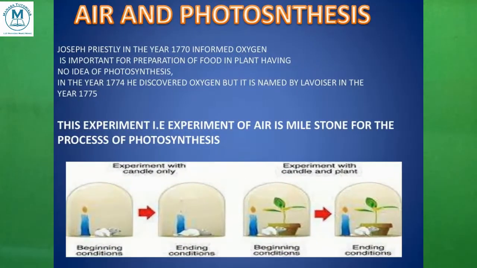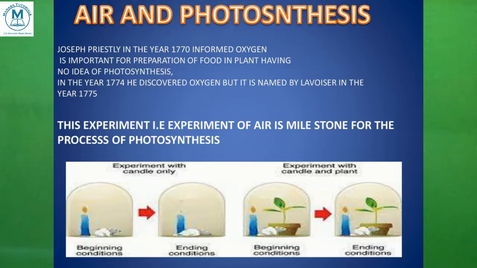John Priestley in the year 1770 informed that air is important in the preparation of food. He said that air is important in the process of preparation of food by plants.